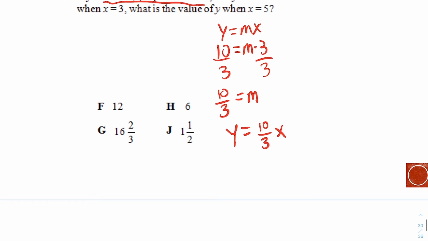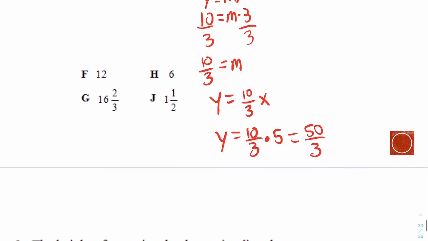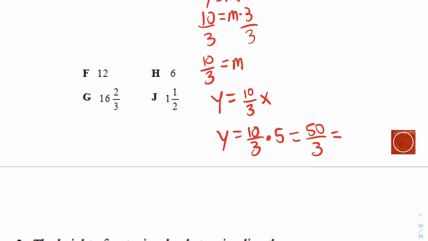They said x is 5. So all we're going to do is write the equation and multiply it by 5. That's going to make 50 over 3. And then we can reduce that. 3 fits into 5 one time. 3 fits into 20 6 times. And there's going to be 2/3 remaining, which is 0.66.